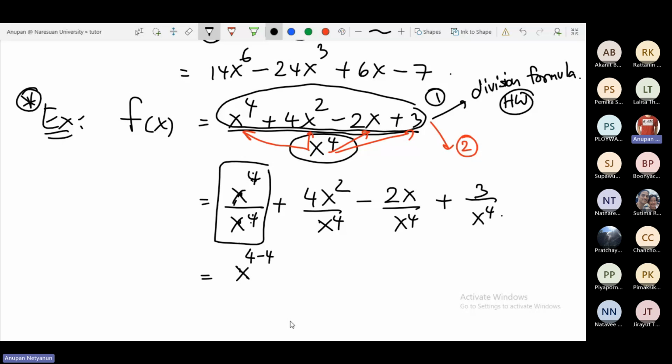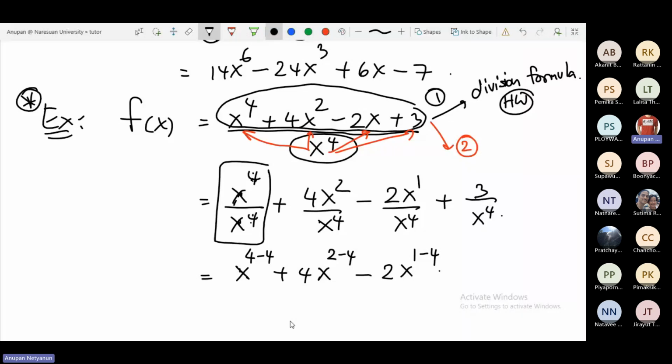So you have 4 minus 4. And then this one, you have x squared divided by x to the power 4. Then you have x to the power of 2 minus 4. And this is the same thing. So you have 2, and then x is x to the power 1. So you have x to the power of 1 minus 4.